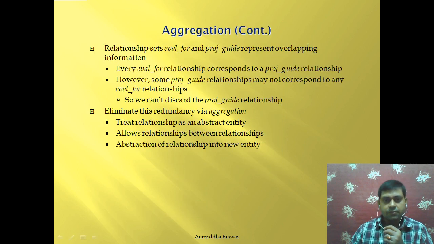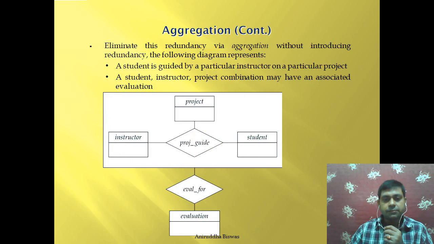The same discussion that I have explained right now is elaborated here, you can refer to it. Now this is a diagram that can be represented in an aggregation form. Evaluation is the final entity here, which comes from the evaluation part, and this part is the project evaluation, or project guided by.